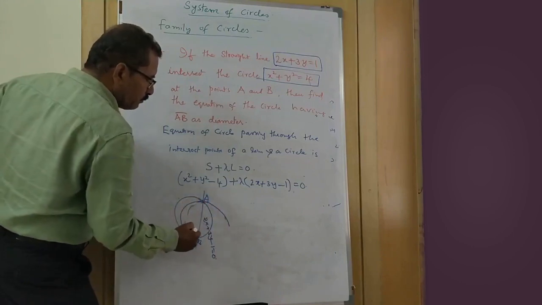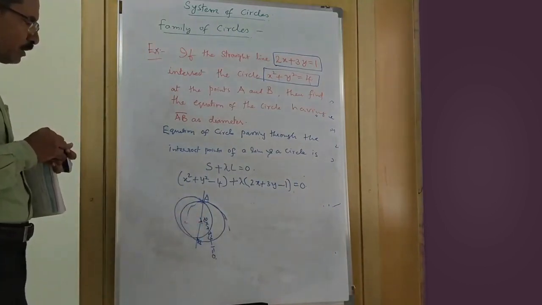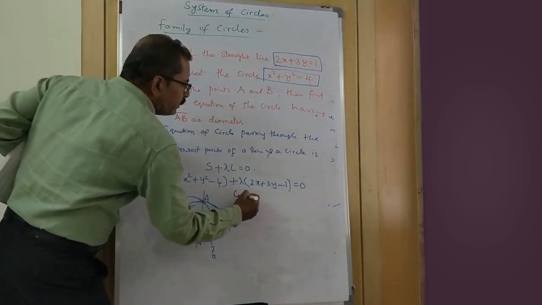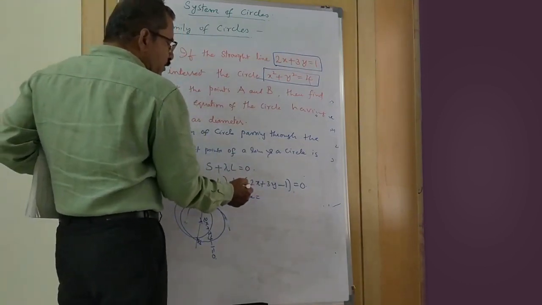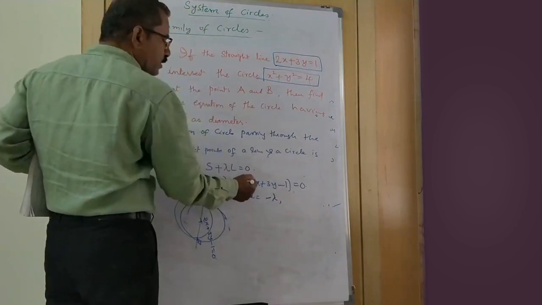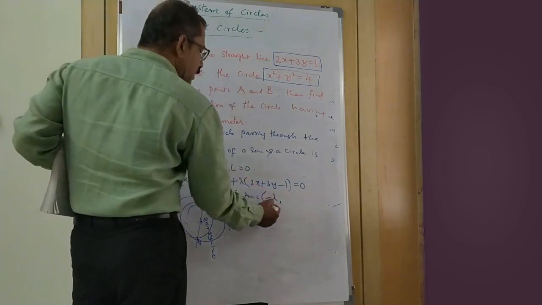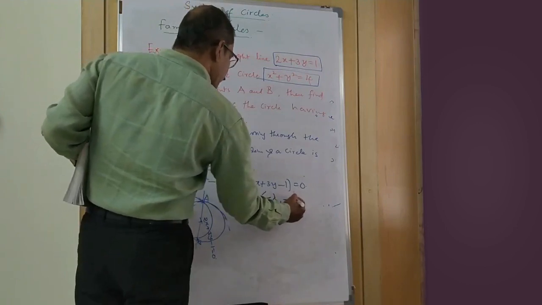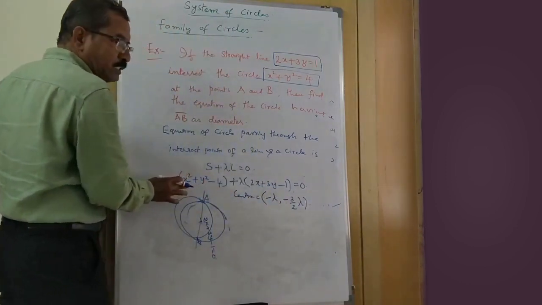My required circle may be like this. My center is on this, okay? The center of this equation is minus g comma minus f. Here you have 2gx as 2 lambda x, so minus g comma minus f, that is minus lambda comma minus 3 by 2 lambda is the center of the required circle.